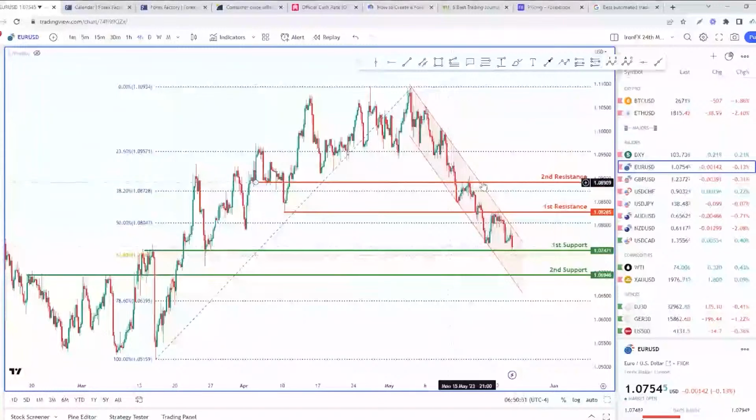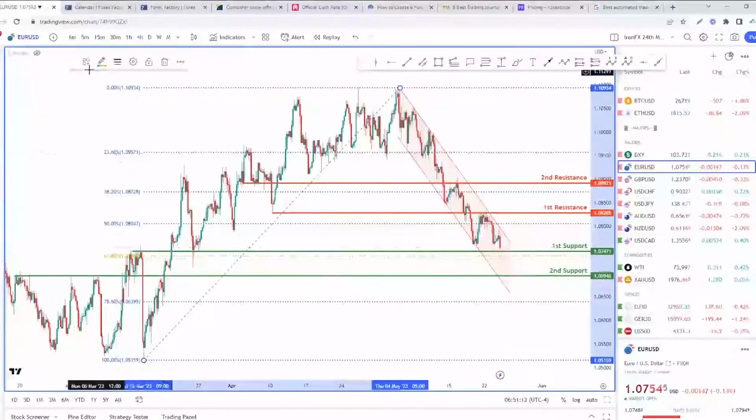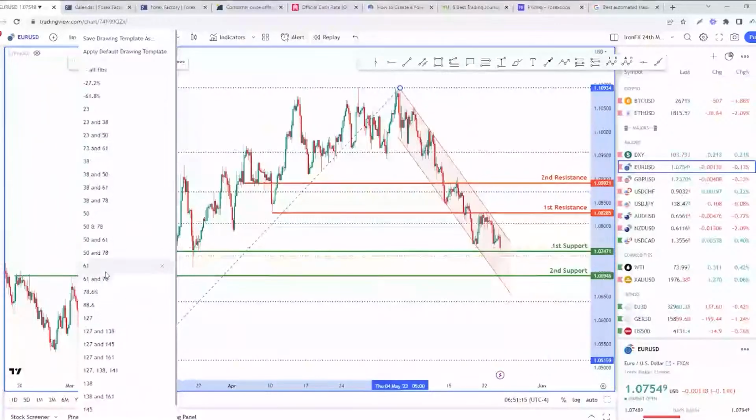Although it didn't act as a very good support area, in the end it ended up acting as a fairly decent resistance area as well. So you can see the benefits of how overlapping horizontal levels can potentially act as resistance and support levels as well.